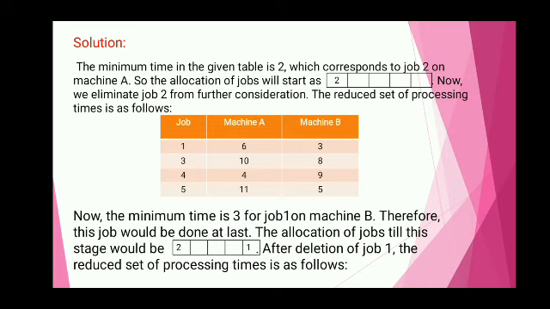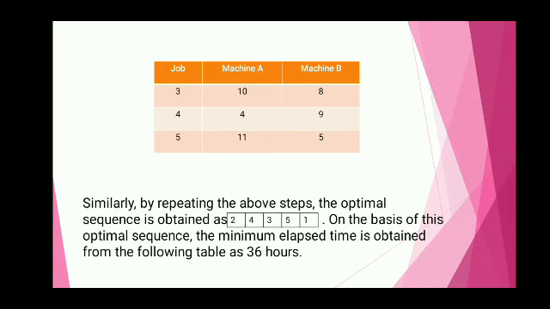Now the minimum time is 3 for job 1 on machine B, therefore this job would be done last. The allocation of jobs till this stage would be 2 and 1. After deleting job 1, the reduced set of processing times is as follows. Similarly, by repeating the above steps, the optimal sequence is 2, 4, 3, 5, 1.